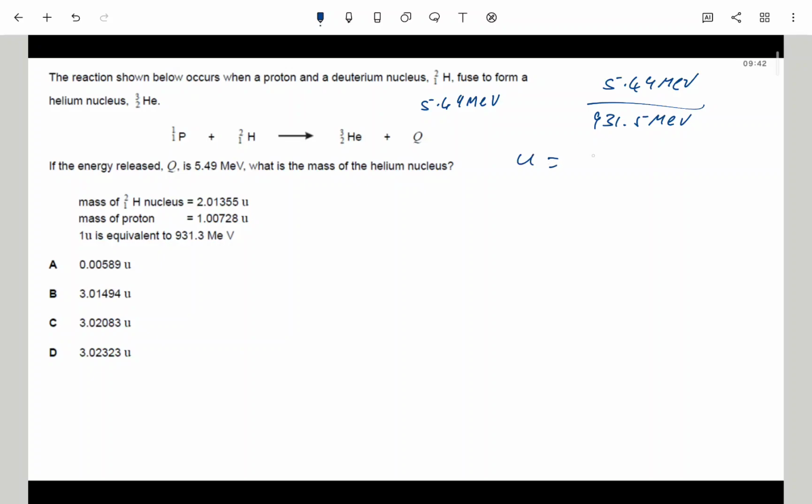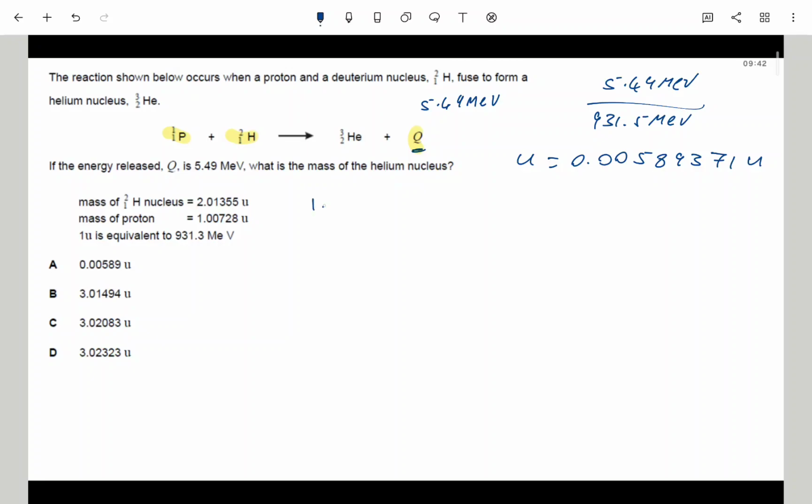So the U value for the energy released is 0.00589371 U. So that's the energy. Then all we need to do is do this one plus this one and then subtract this one, and it will give us the U value for the helium. So let's do that.